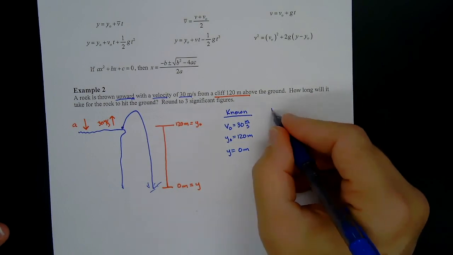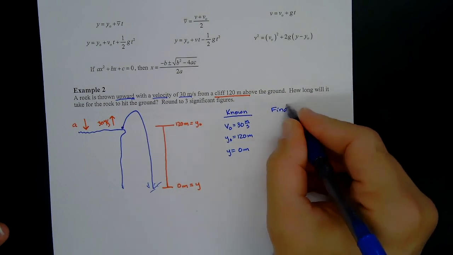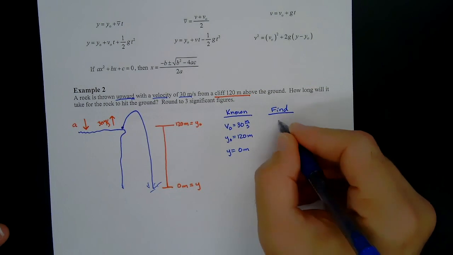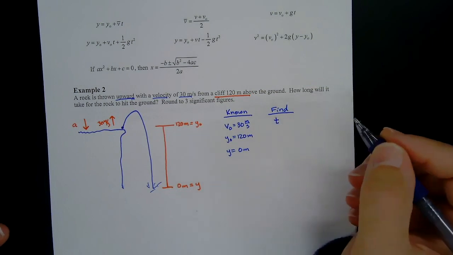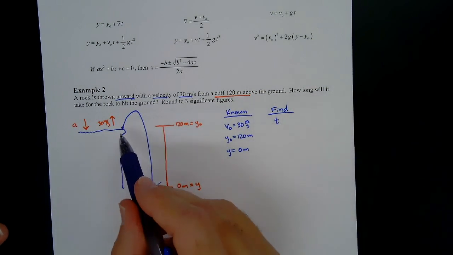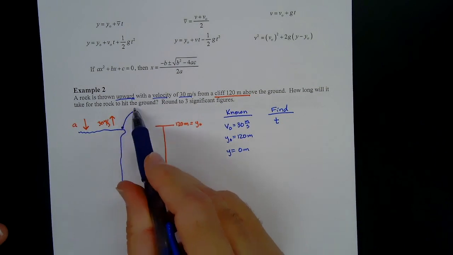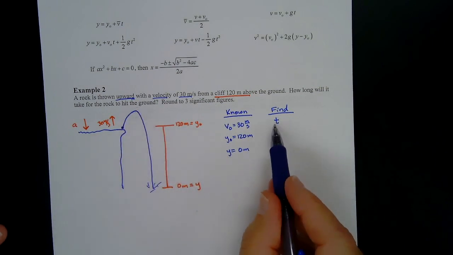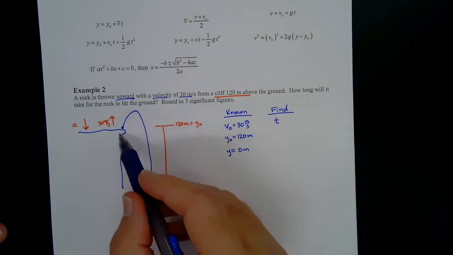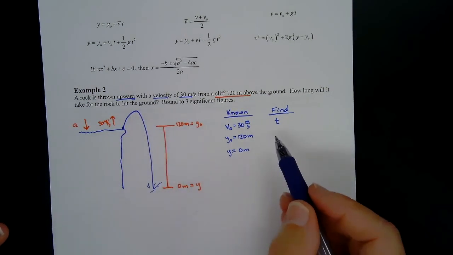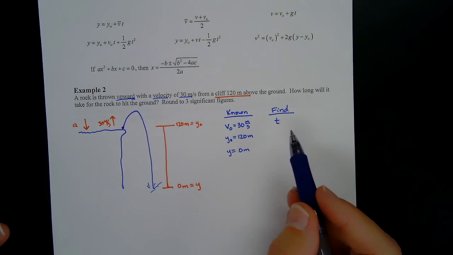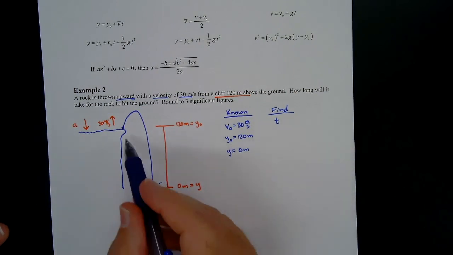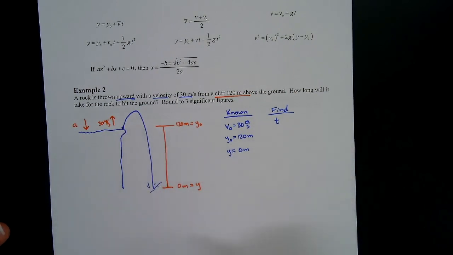Then I want to find how long it's going to take. So that's going to be my t, the time to go from 120 meters up and down. I'm not going to have to double it. It's not the time going up, it's the whole entire time. So when I solve for t here, I'm going to get the time that it actually takes to go from here to here.